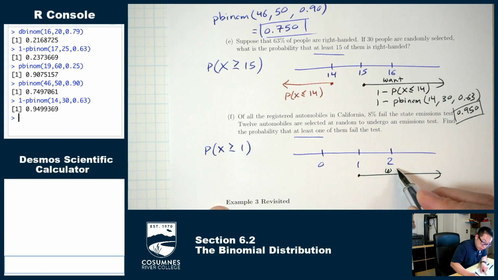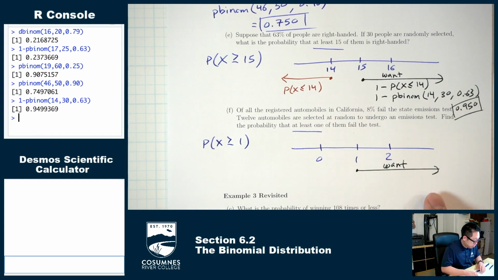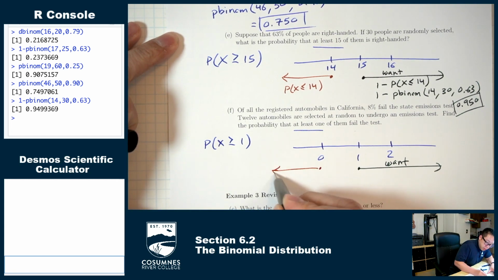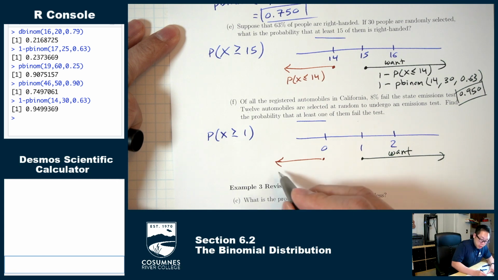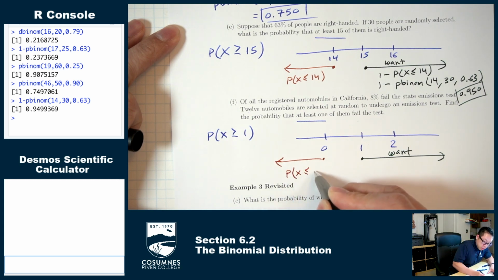So that's what I want. Anytime I want something to the right, I need to look at the left side first. So the left side is that red piece. And the idea here is you're going to write that red piece using a less than or equal. So 0 to the left is less than or equal to 0.